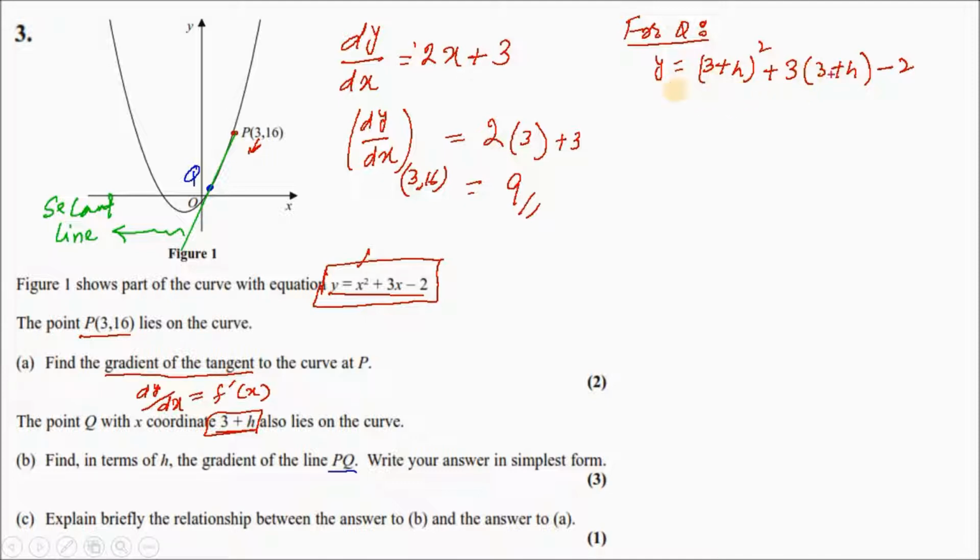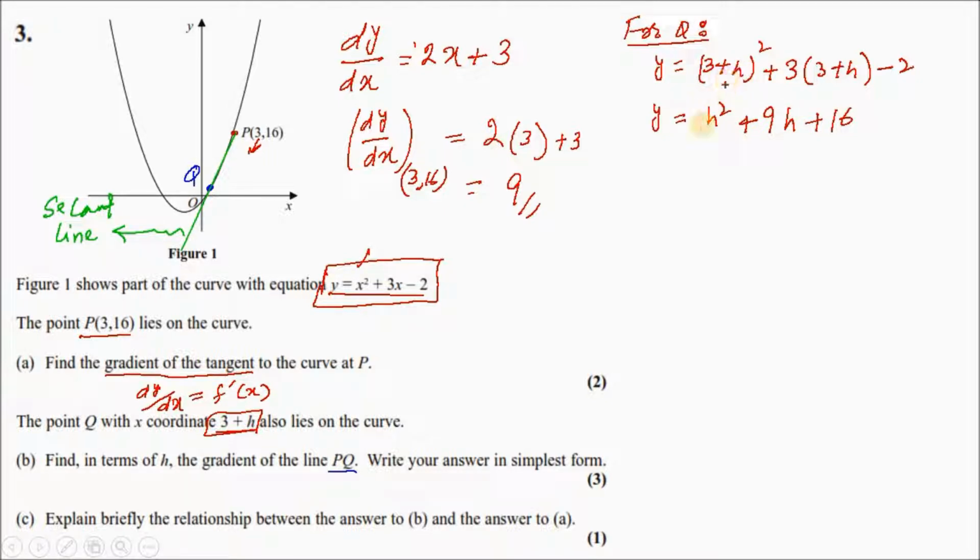Once you simplify this, y is equal to h squared plus 9h plus 16. But remember, don't forget to expand the perfect square.